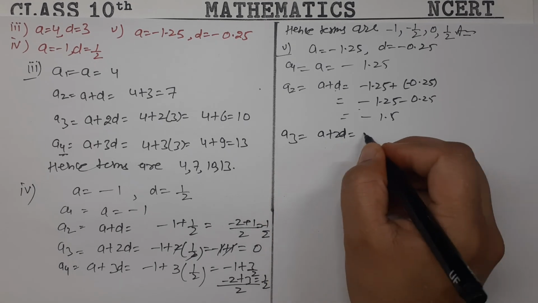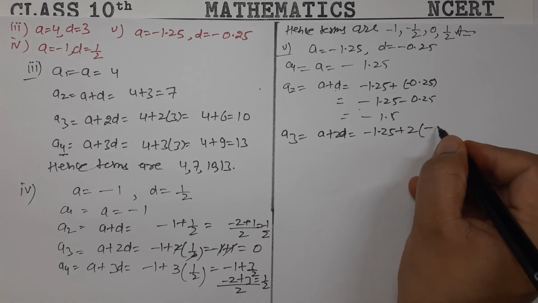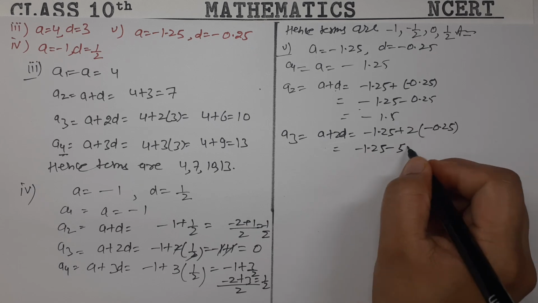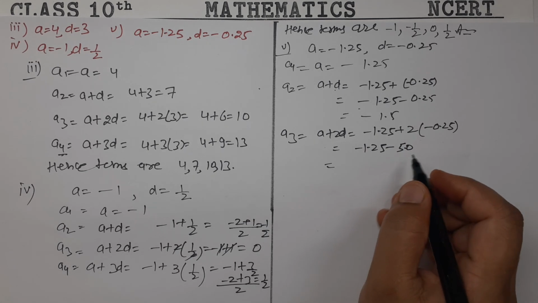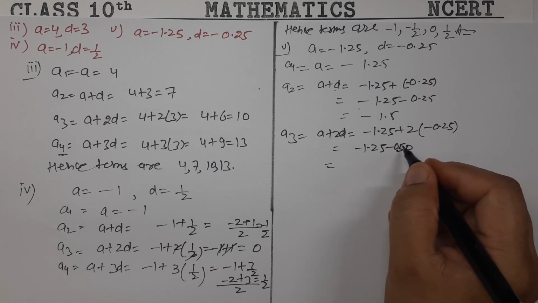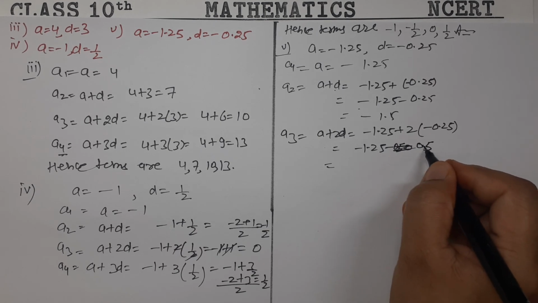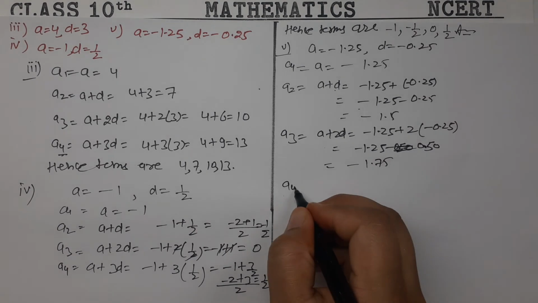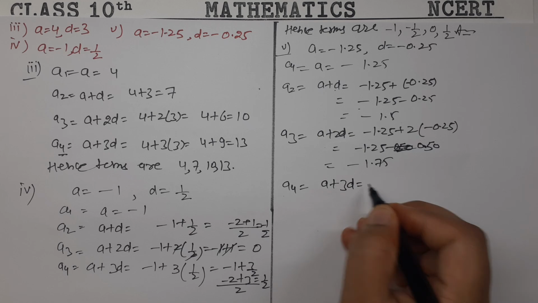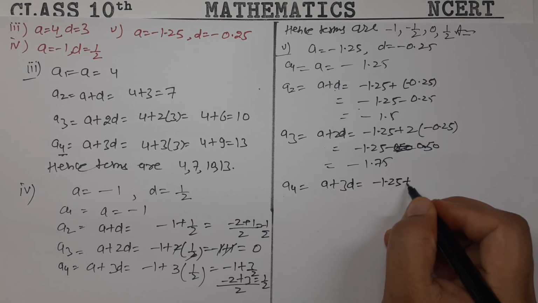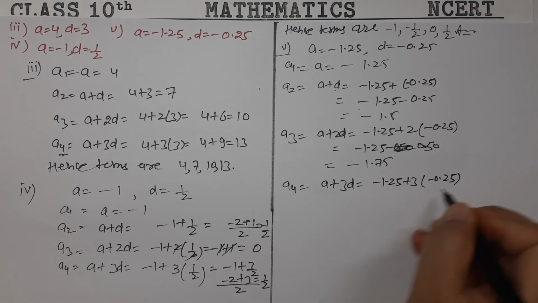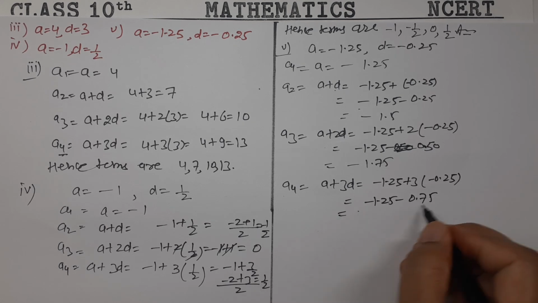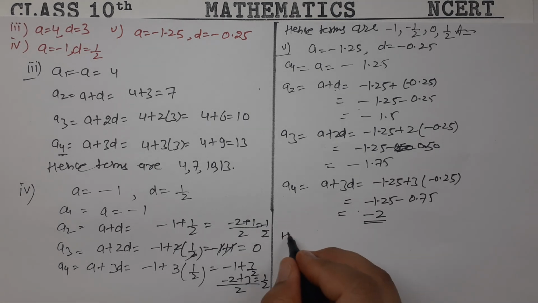A3, A plus 2D, simple putting, after adding we have minus 1.75. A4, A plus 3D, that is minus 2.